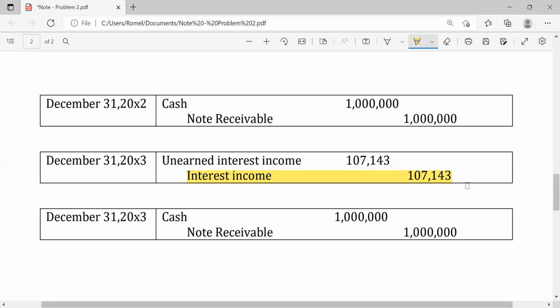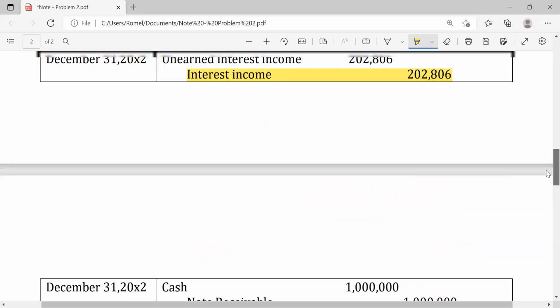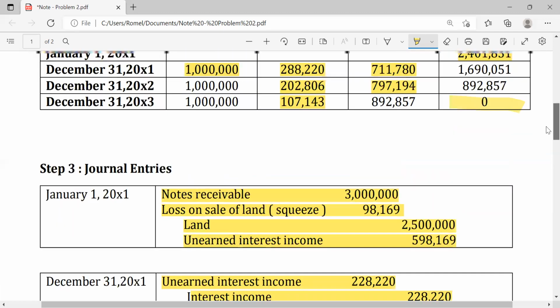And then finally, this is the last installment collection. So we will debit cash 1 million pesos, credit note receivable 1 million pesos. So these are the journal entries for non-interest bearing equal installments, and the first collection will happen at the end of the period. Okay.